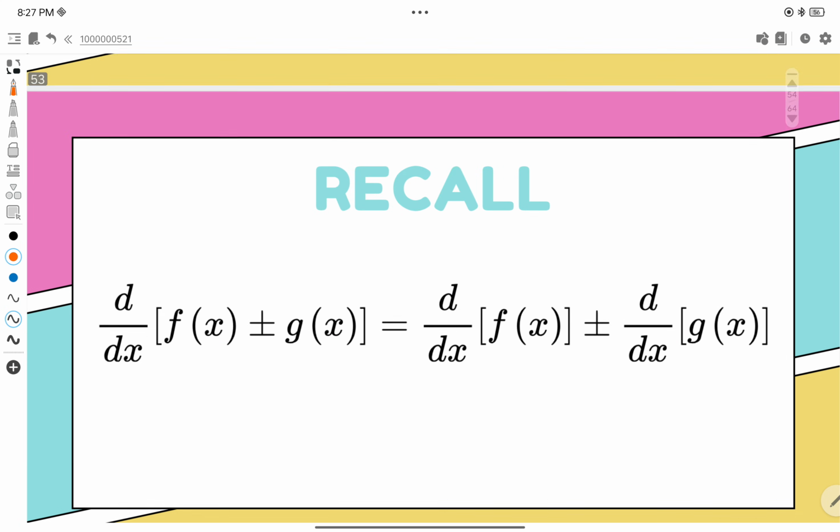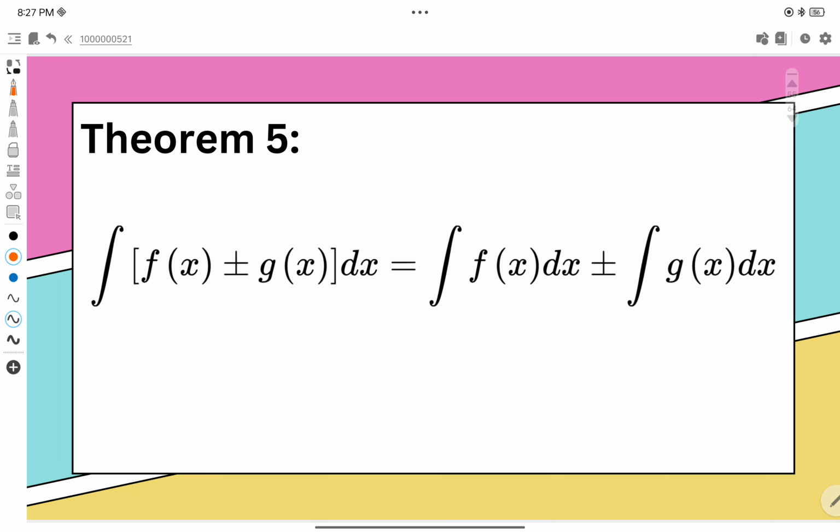Theorem number 5 deals with integrands that are sum or difference. So integral of f plus or minus g is equal to the integral of f.